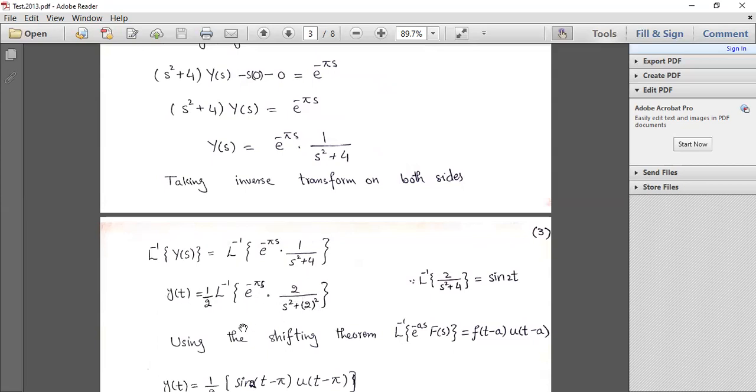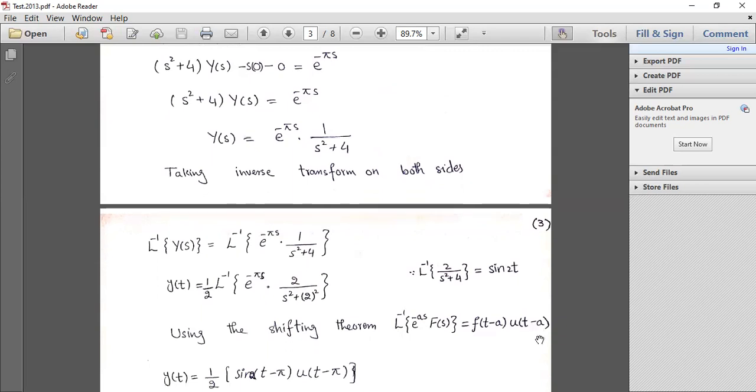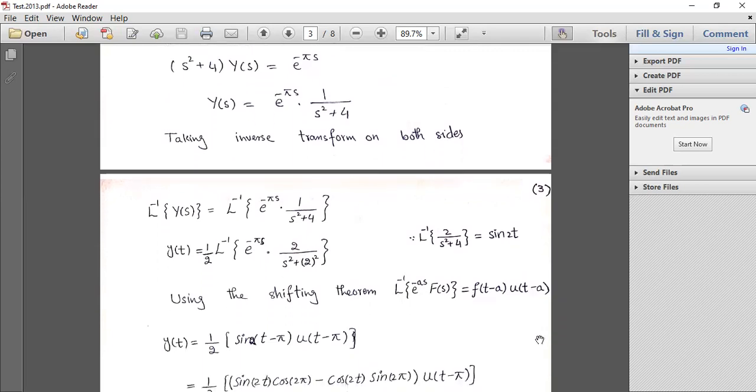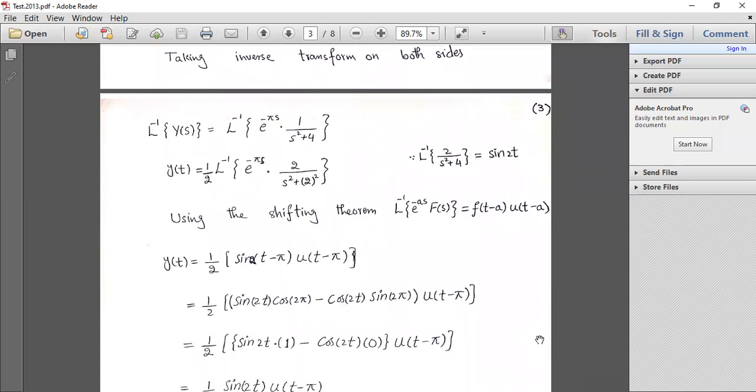Okay. Now we use the shifting theorem of Laplace transform. Laplace inverse of e power minus as f of s is equal to f of t minus a u of t minus a. So now you can see that when we use this theorem, this is f of s, so this will become f of t minus a.